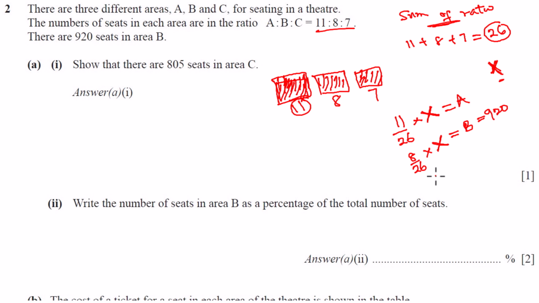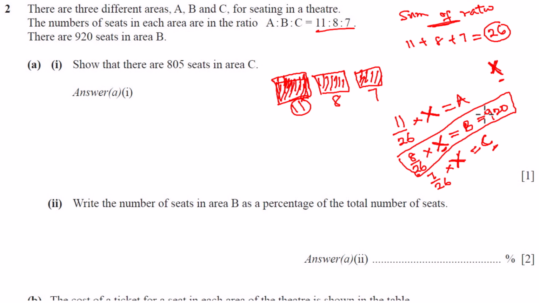And then the last one, which is 7 over 26 times X, is going to give us the value for C, which also is not given, but we are asked to show that this is what we will get for C. So none of them is complete because we don't have the value for X, but the most appropriate to use to solve for X is this. Why? Because the only unknown in this case is X.